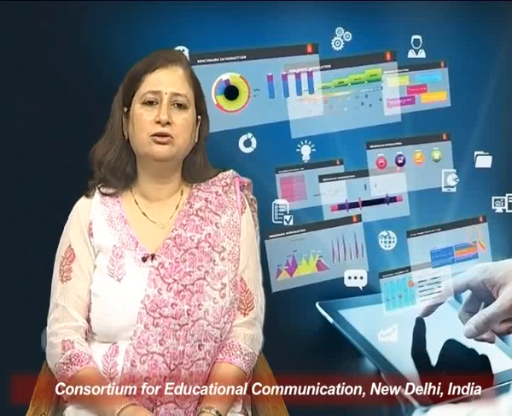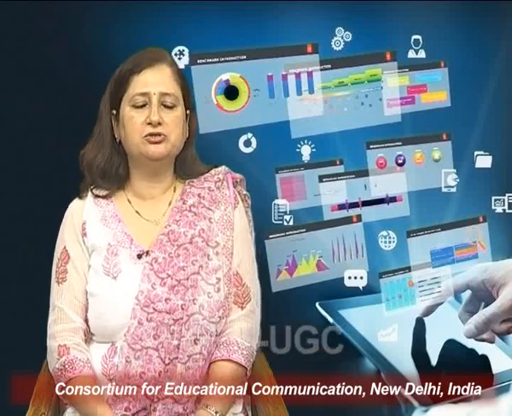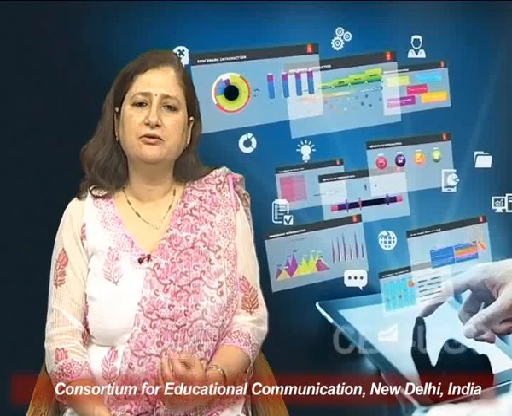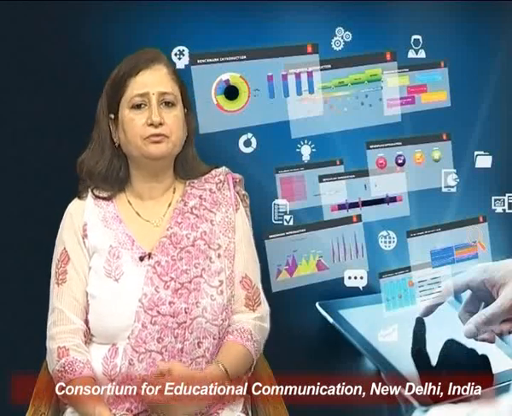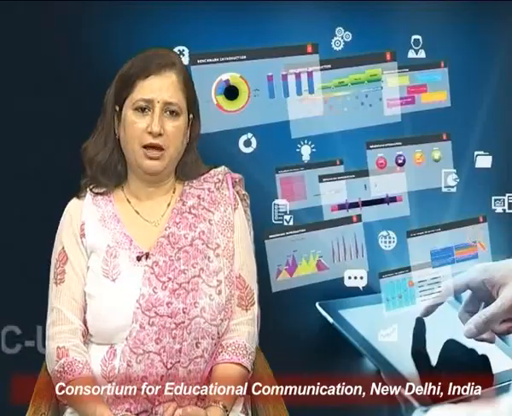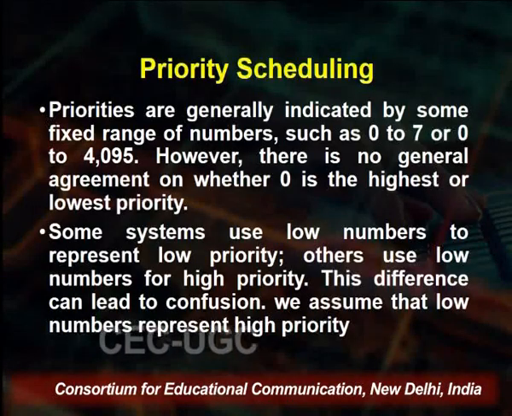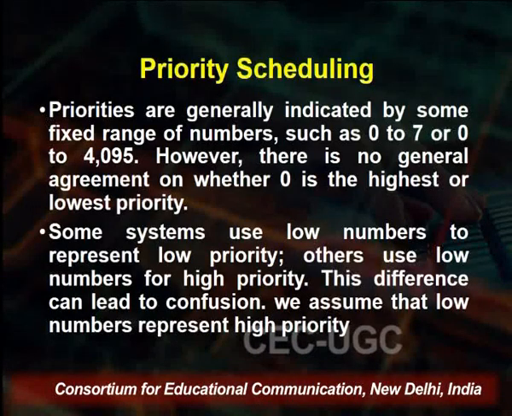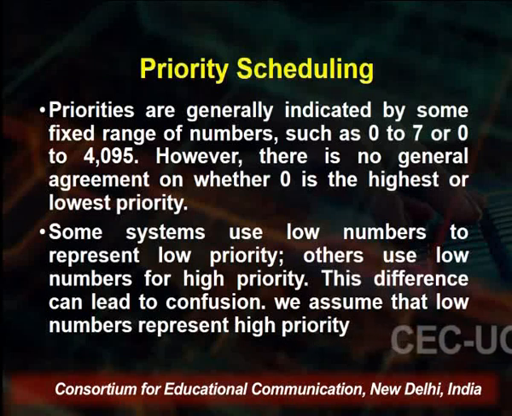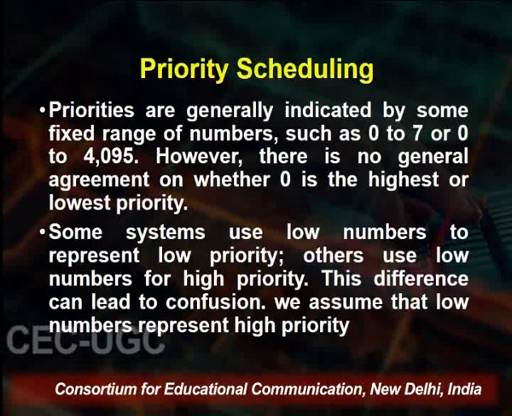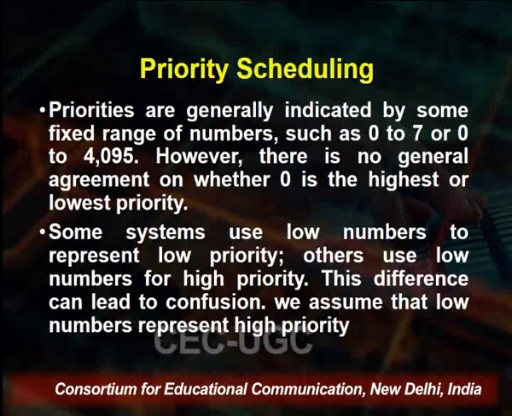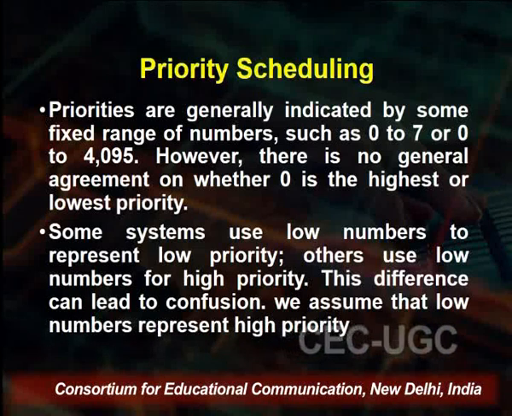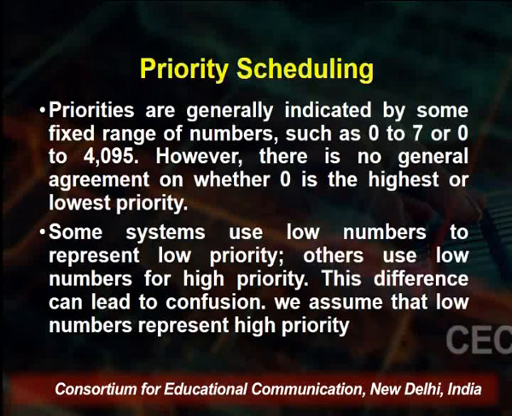In priority scheduling, we can use different numbers to indicate the priority. This range could be fixed. Somewhere we see that the range is between 0 to 7. At other places we see that the range of priority is 0 to 4095. But there is no general agreement as to which is the highest or lowest priority.